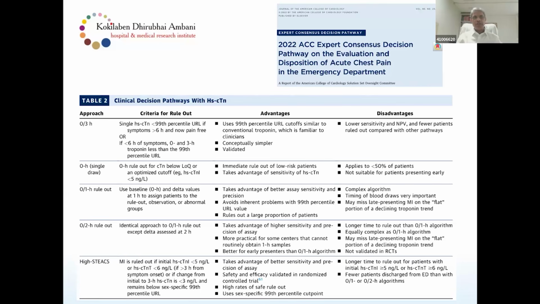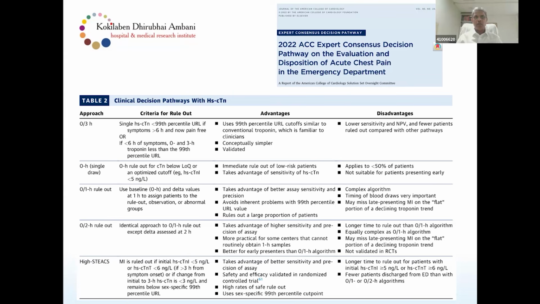So all the recent publications in the last 2-3 years, whether American or European or British, are now recommending shortening the chest pain evaluation time in the ED. Essentially, with conventional troponin we used to do a troponin at 0, 3, 6, and 12 hours; with high sensitive troponin, it came down to 0 and 3 hours.